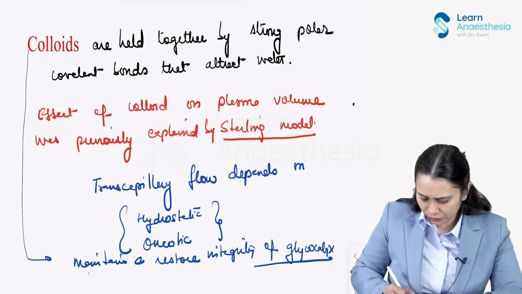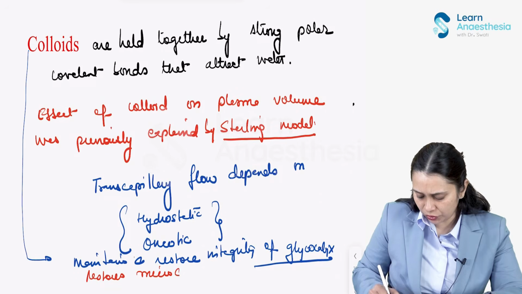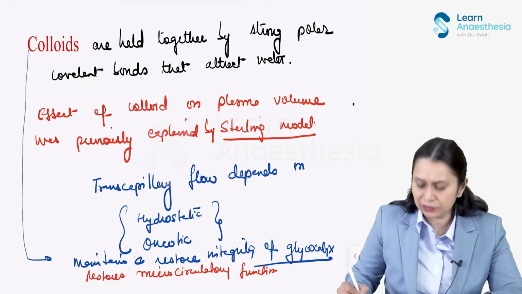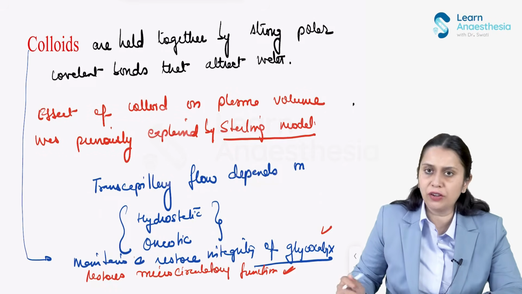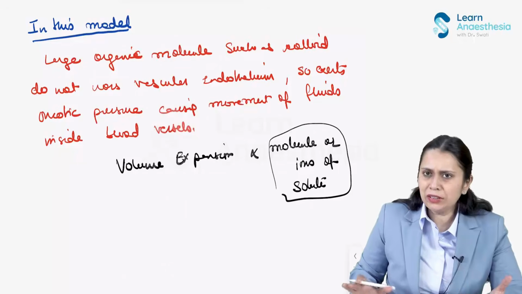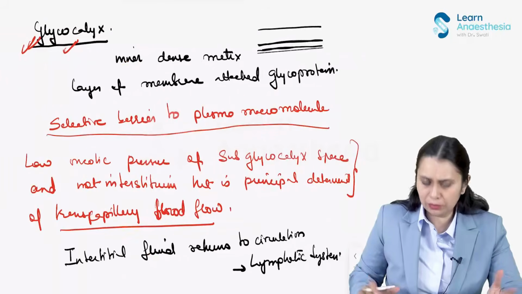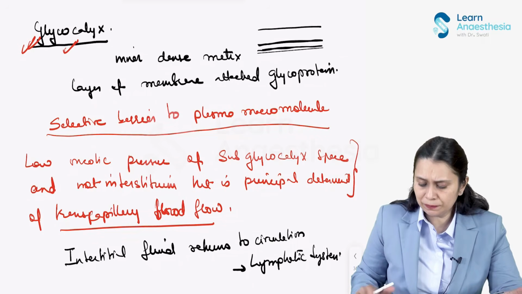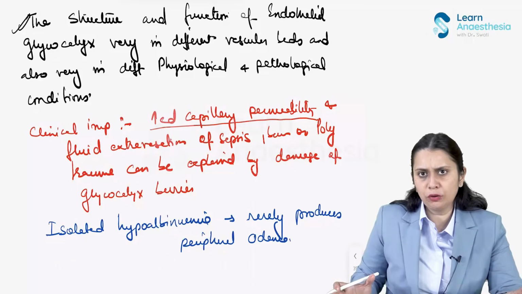So this is how the colloid functions, by maintaining the integrity of the glycocalyx and restoring the microcirculatory function. Now, after understanding how the colloid acts by this revised Starling's principle, let us discuss different types of colloid.